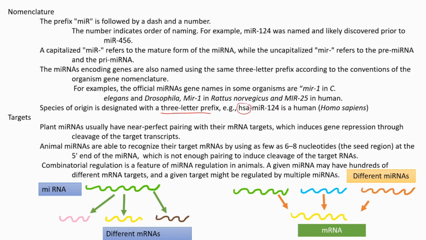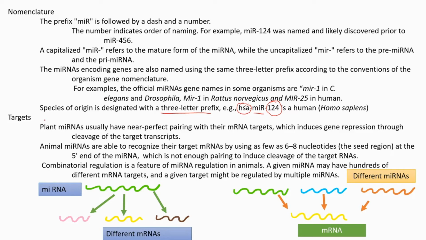This is MIR, the mature miRNA, and this is the number, the chronological order. HSA means human, Homo sapiens. That means this miRNA 124 was first discovered in Homo sapiens. That is regarding the nomenclature.